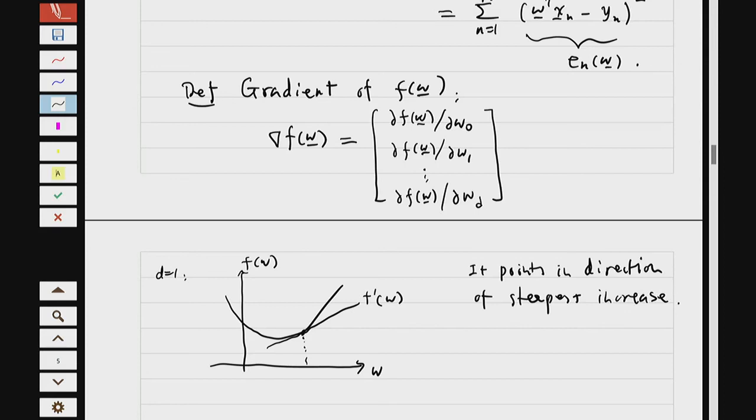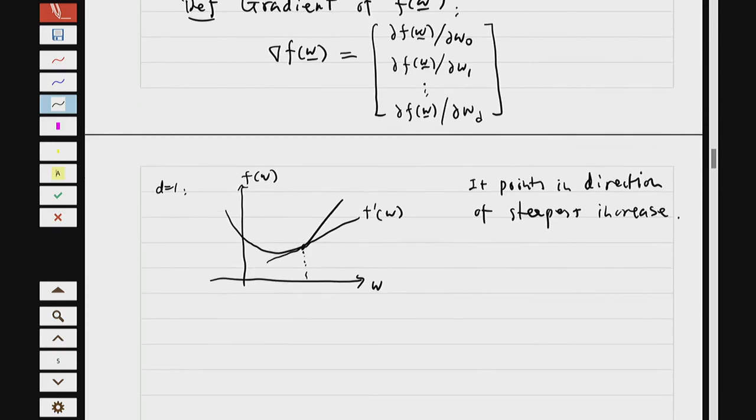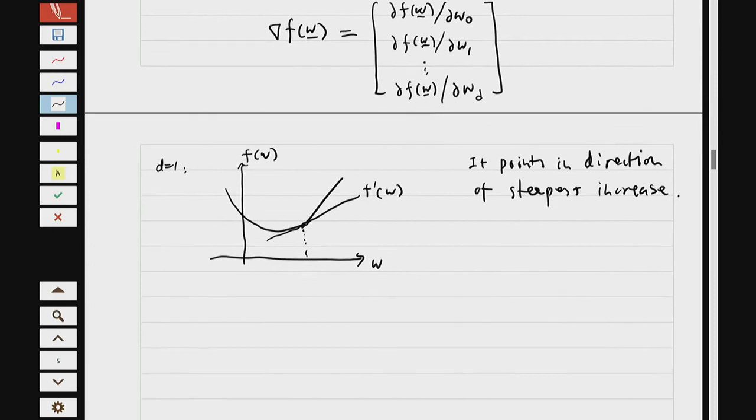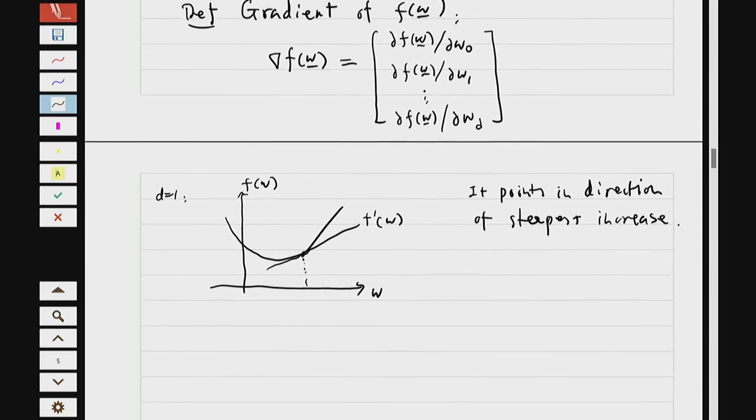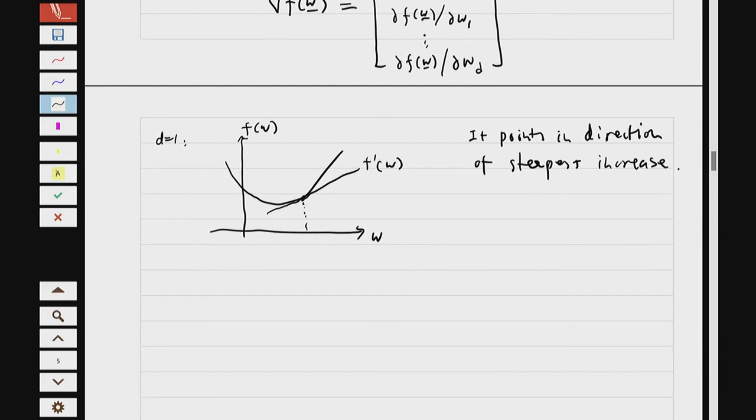Ascent, sometimes that's the word. Steepest ascent. In general, it is a vector in space, so it's just pointing in the direction of the steepest climb up the mountain. We're going to use the gradient quite a lot throughout the course.